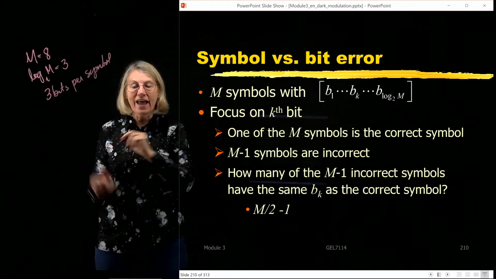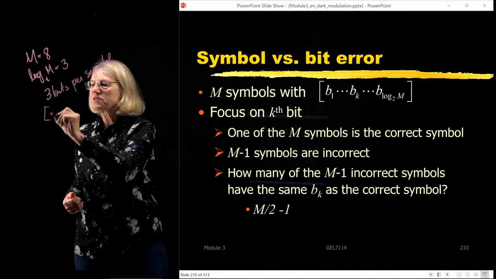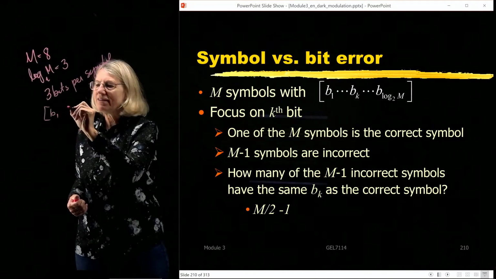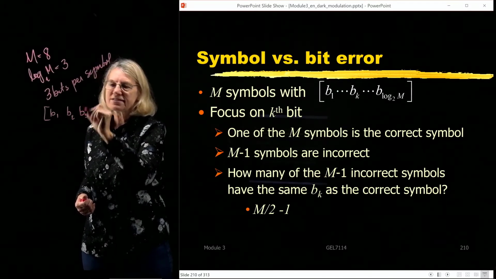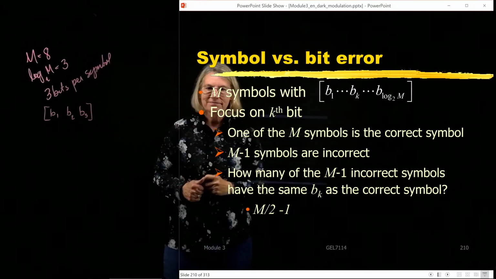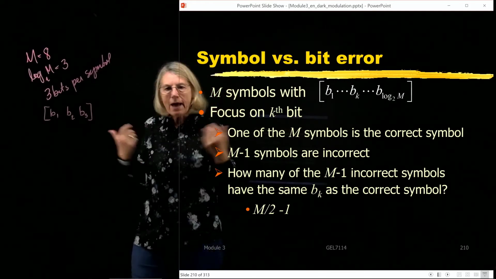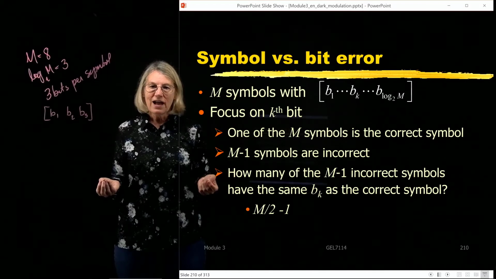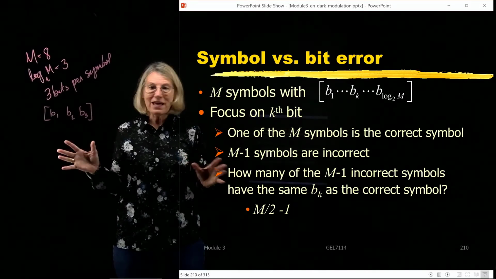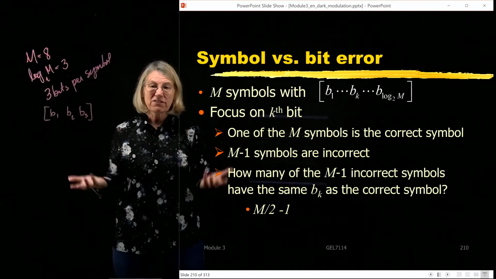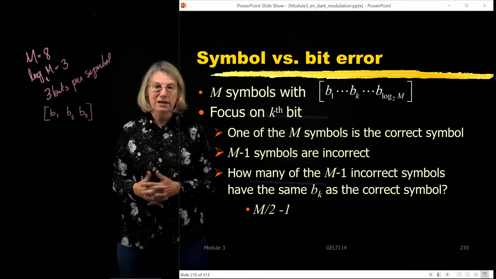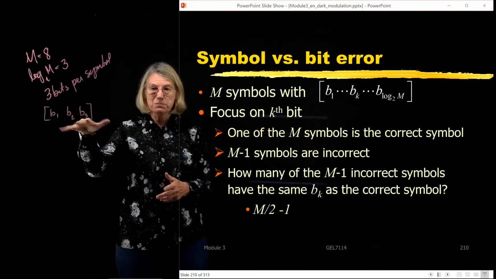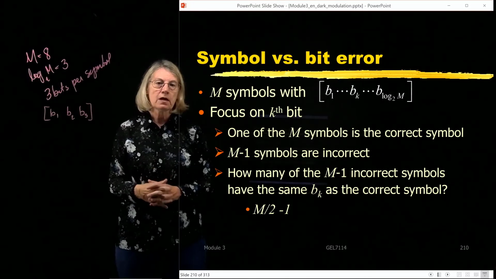So if I look at any one symbol, there's bit 1, bit 2, and bit 3 assigned to that symbol. So what happens when I have a symbol error? When I have a symbol error, I have to know how many of these bits are being flipped when I make a single symbol error. So one symbol error, but how many of these bits end up being affected?